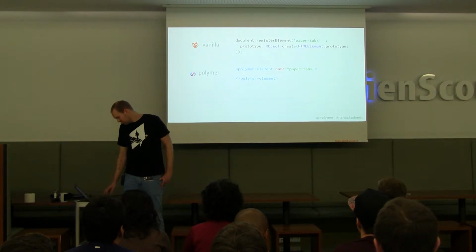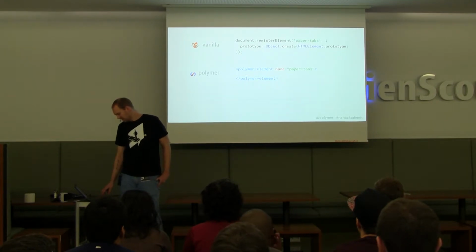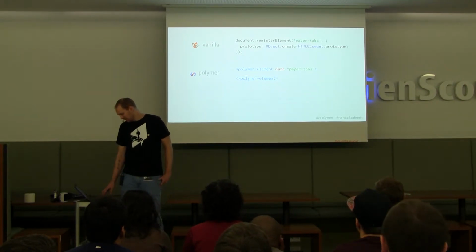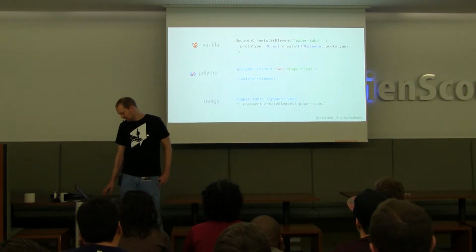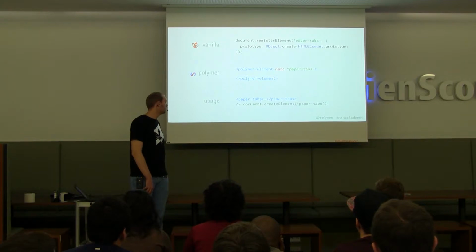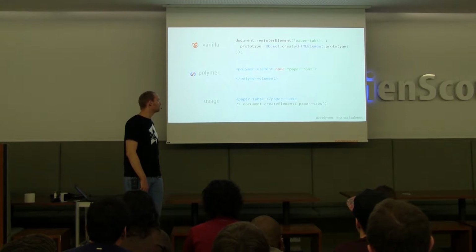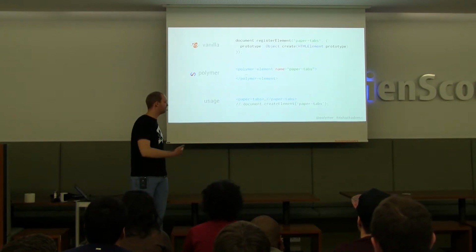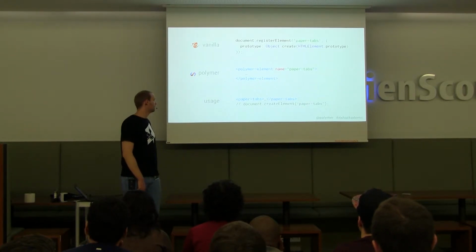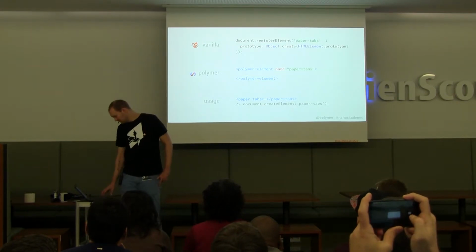And that's quite easy, but with Polymer, it looks a little bit more understandable, I would say. And the usage of a Polymer element is then like this. So combined, it's maybe a little bit easier, but if you go deeper into the matter, you see that there is much more to do.